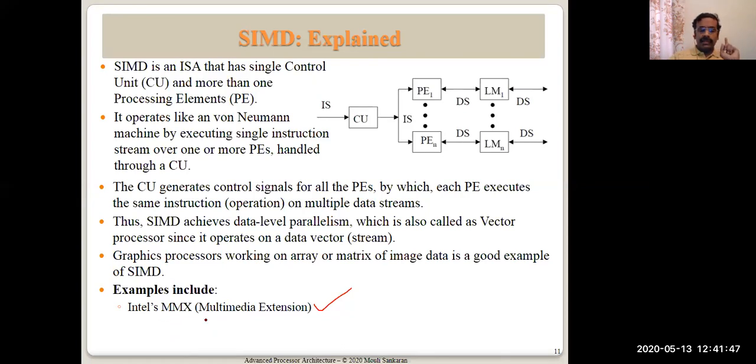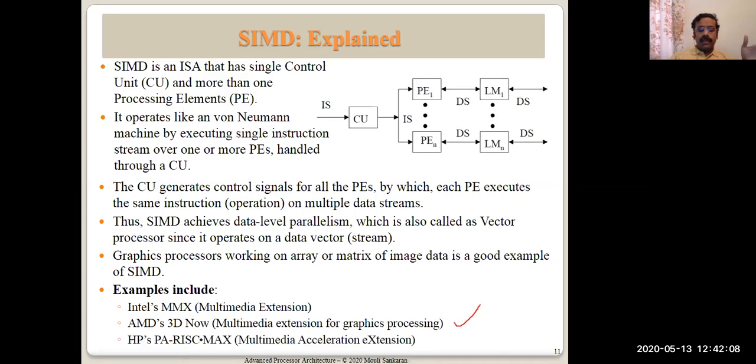In Intel processors, they introduced new instructions to operate on multimedia, that's audio or video data, like the floating point extension. A separate processor was there and Intel came up with that. AMD came up with another, and Hewlett Packard came up with another extension. So they are all graphics processors.